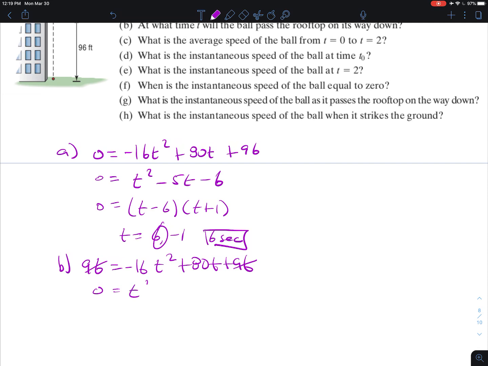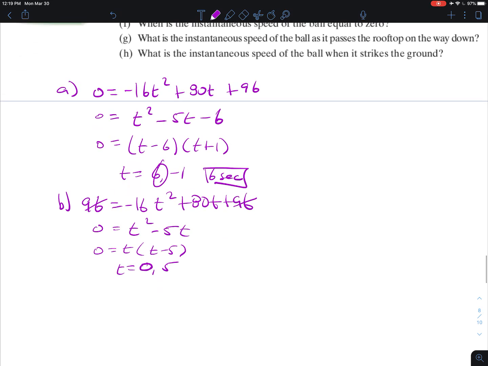So t squared minus 5t, and then I'll factor t minus 5. So t equals 0 and 5. Well, we knew 0 was one of the answers. That was the initial height. So when does it pass again is going to be at 5 seconds.